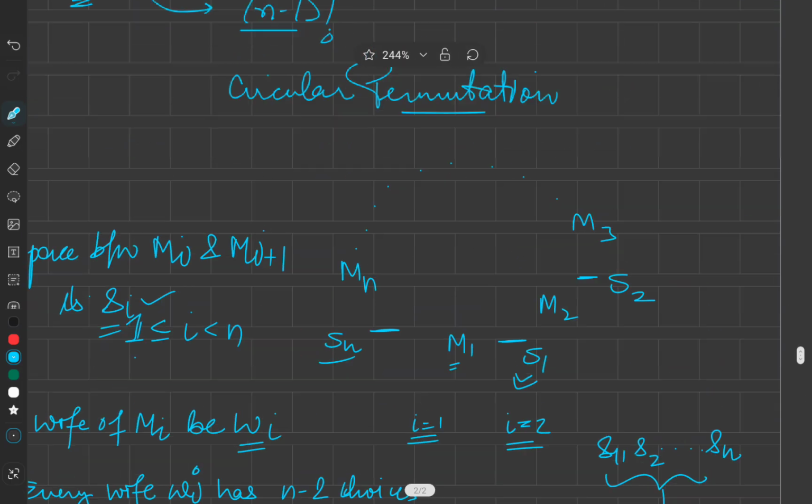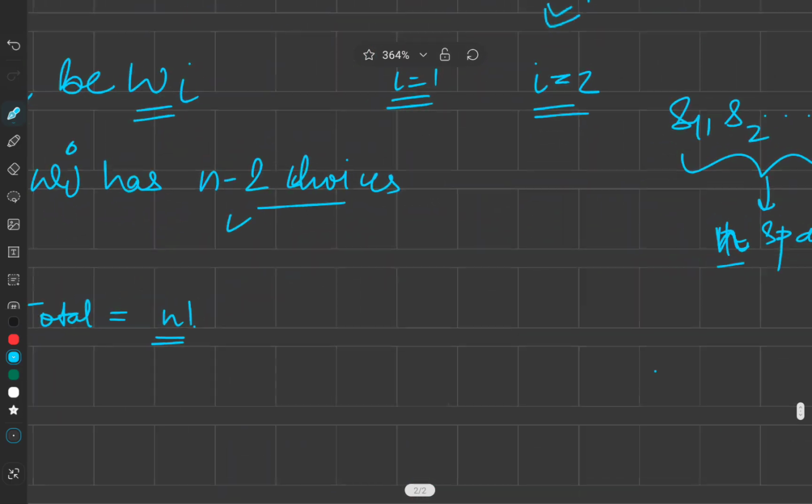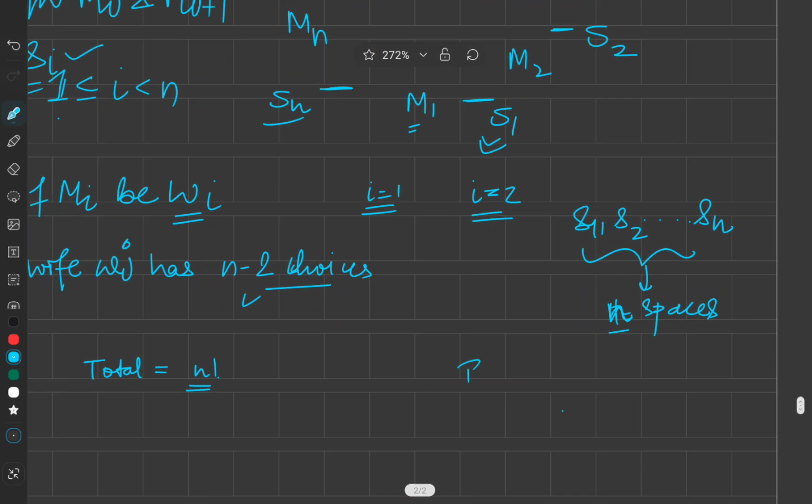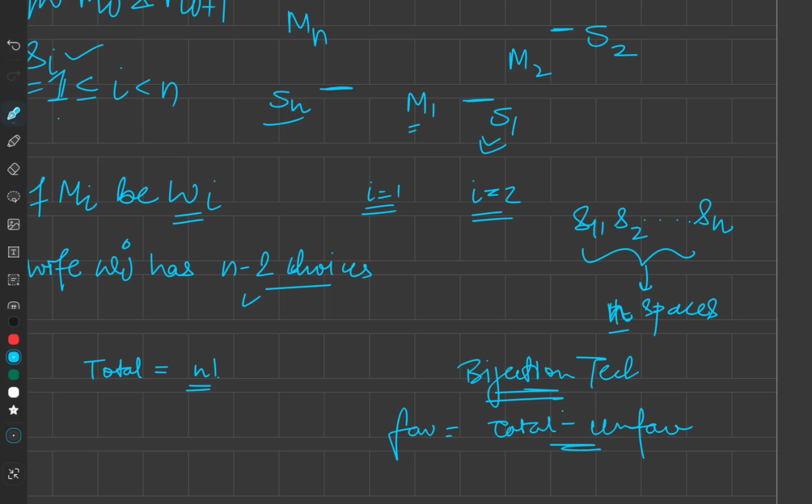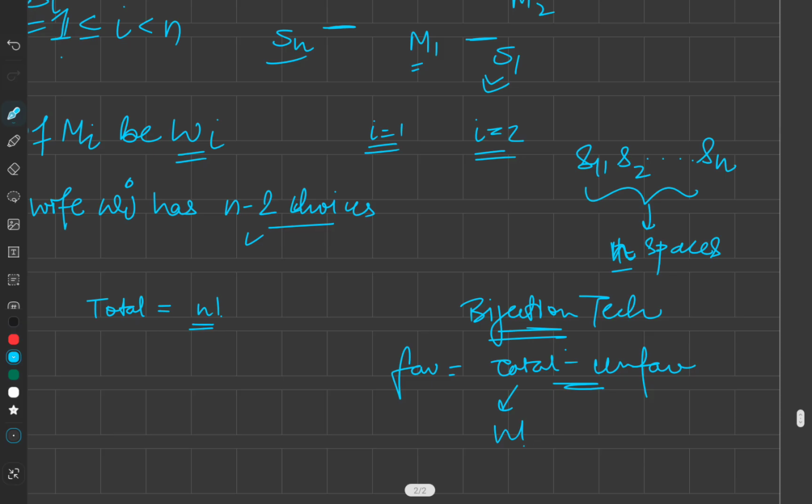Now we are using the complementary method here, that is, favorable equals total minus unfavorable. It is a quite common technique. So the total we have figured out, n factorial, after the arrangement of men.